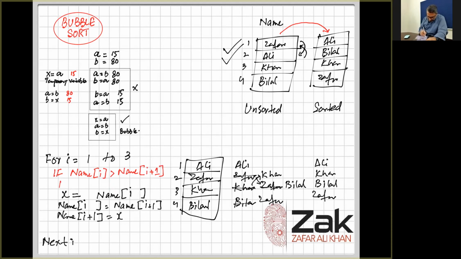Then do this, and end if. So now what is happening is that at every loop, the system is checking if the ith position is greater than the I plus 1 position. If it is true, then only this exchange, the bubble exchange, is happening. So let's do it with these values now.